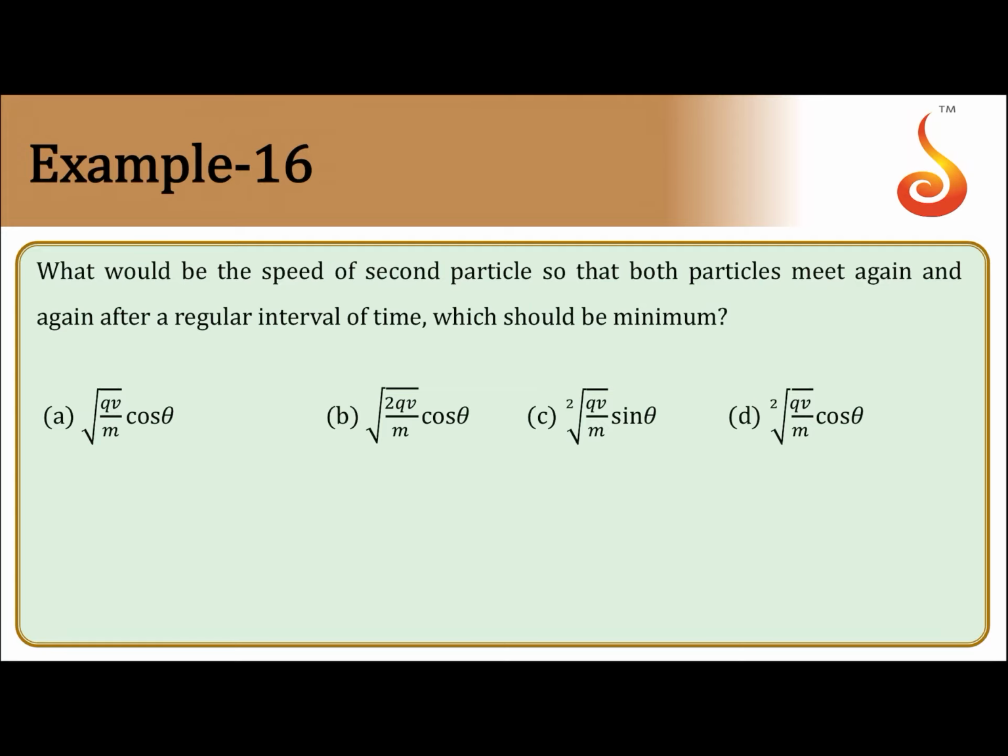So it is clear that the first particle will have a helical path and the second particle will move rectilinearly along the field. For the two particles to meet again and again, distances travelled by them must be equal.